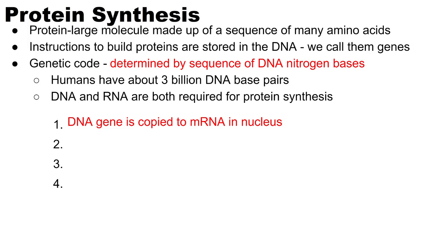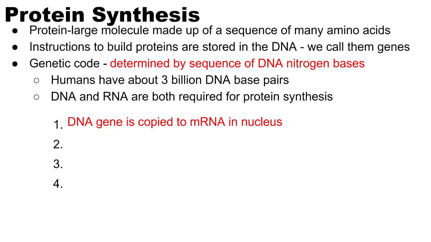And the gene, the sequence of bases in the DNA, the A's, T's, G's, and C's, is copied into a different form. It's copied onto an RNA molecule, a messenger RNA molecule. That happens in the nucleus. DNA is stuck in the nucleus. It can't leave. It's too large of a molecule.